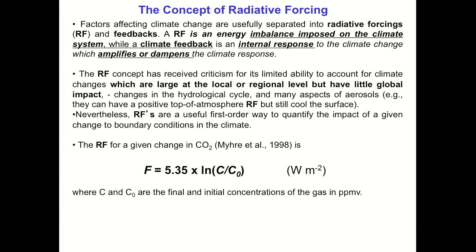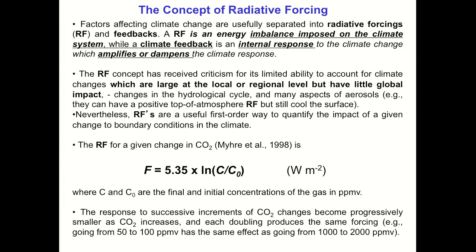C and C naught are the final and initial concentrations of our greenhouse gas, in this case the CO2. Obviously the units don't really matter because it's a ratio. So if we were to start off with some pre-industrial concentration and then ratio that to the current concentration, we can get the change in radiative forcing as a result of anthropogenic emissions, for example.